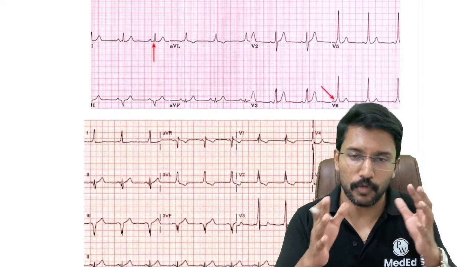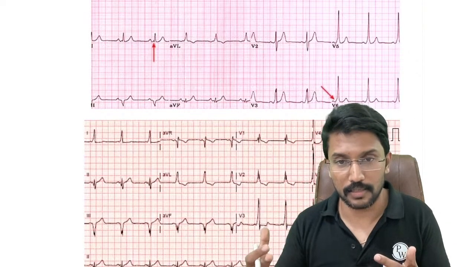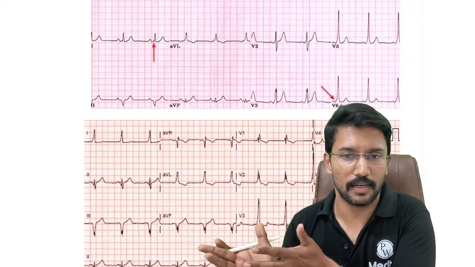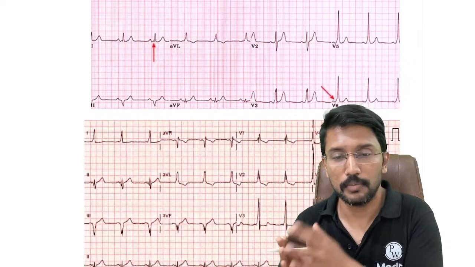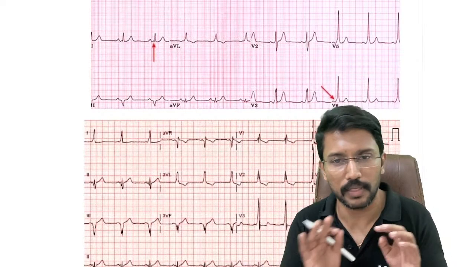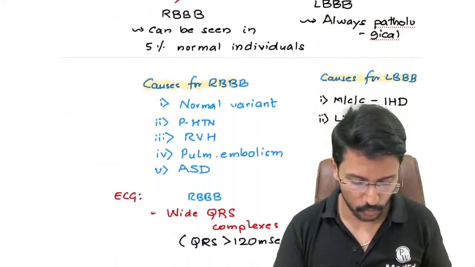It means if QRS complexes are already wide because of bundle branch block or various other reasons, and on top of that a narrow complex tachyarrhythmia happens, the outcome is wide complex tachycardia, right? Differentiation between SVT with aberrancy versus conventional wide complex tachyarrhythmias is an INI-CET or NEET-SS topic. I'm not getting into it. We will just stick to what is basically important for us.